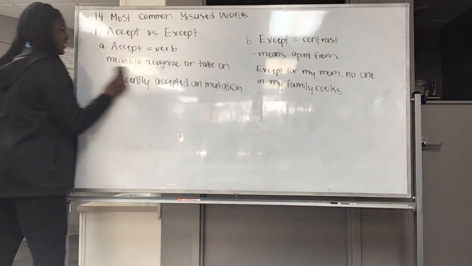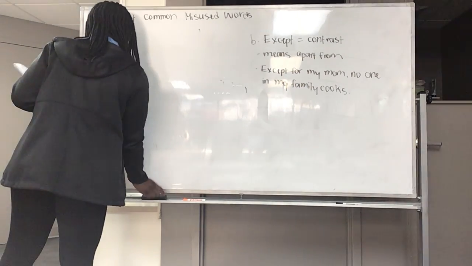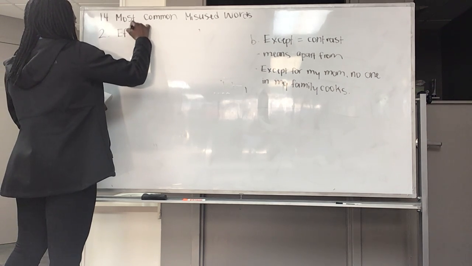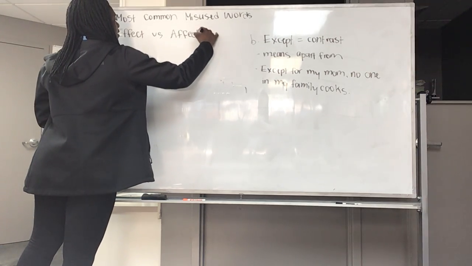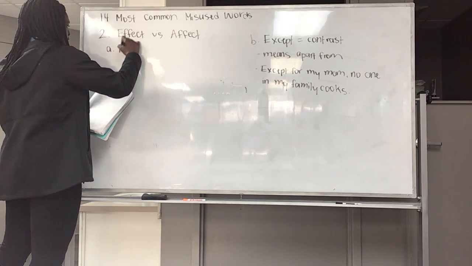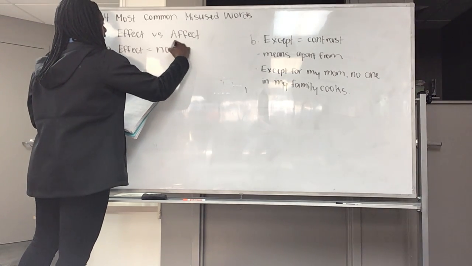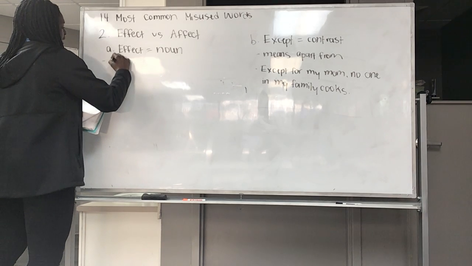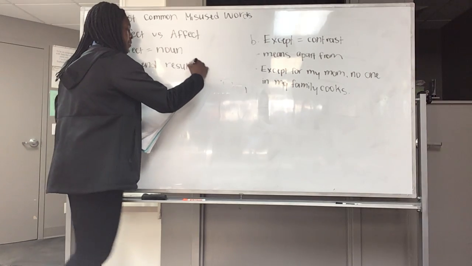Okay, so moving on to the second pair. They're also E and A words: effect with an E versus affect with an A. So effect with an E is when we're talking about a noun. It's the end result of something.